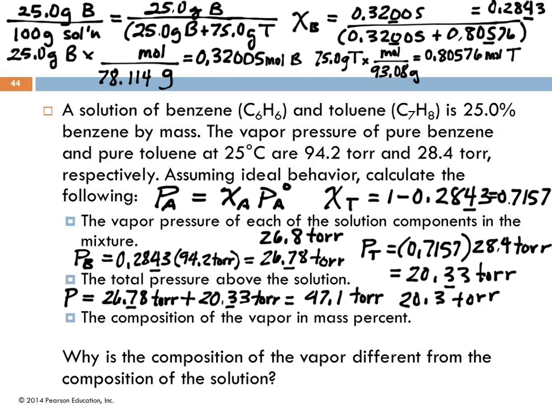Well, mass percent, what's mass percent? It's the grams of one of them divided by the grams of the mixture, times 100. That's what mass percent means. So we need to find masses of gases. And we don't have a quantity. We need to make up a quantity.